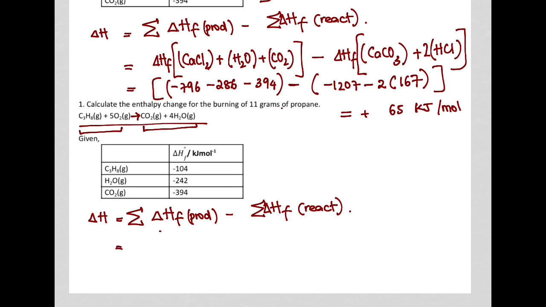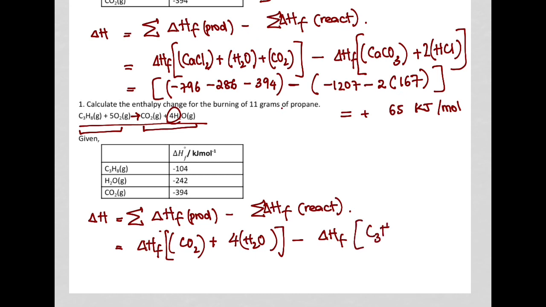So products, you have CO2. So it's going to be delta HF of CO2 plus delta HF of H2O, but you have 4 H2O over here, so 4 times that of H2O, minus delta HF of reactants, C3H8.